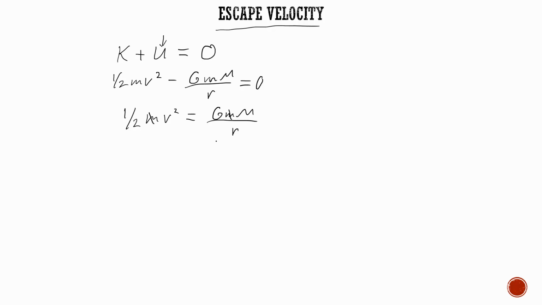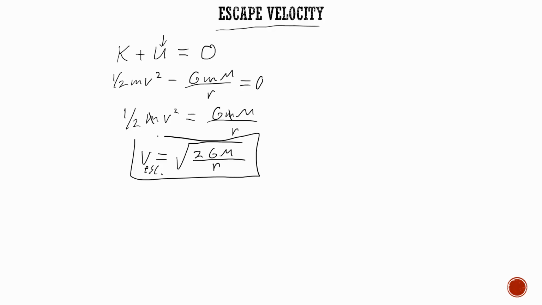With air resistance, you'd have to be traveling even faster to escape the gravitational field of a planet or a star. So you end up with V escape equals the square root of 2GM, where M is the mass of the body you're trying to escape, divided by its radius. So there's your formula for escape velocity.